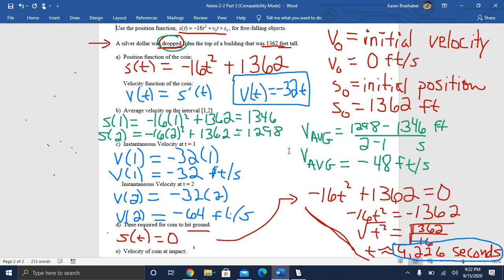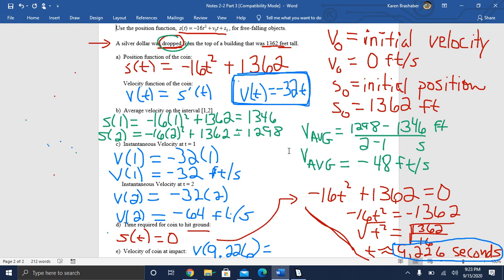So in other words, I want to do V of 9.226. And that's why I said you might want to store that. It's better to use a stored value than to use a decimal approximation.